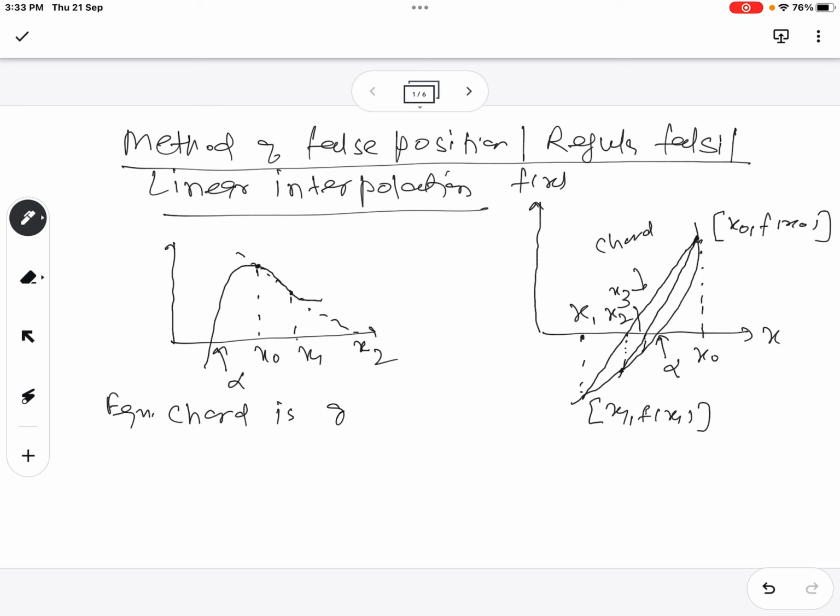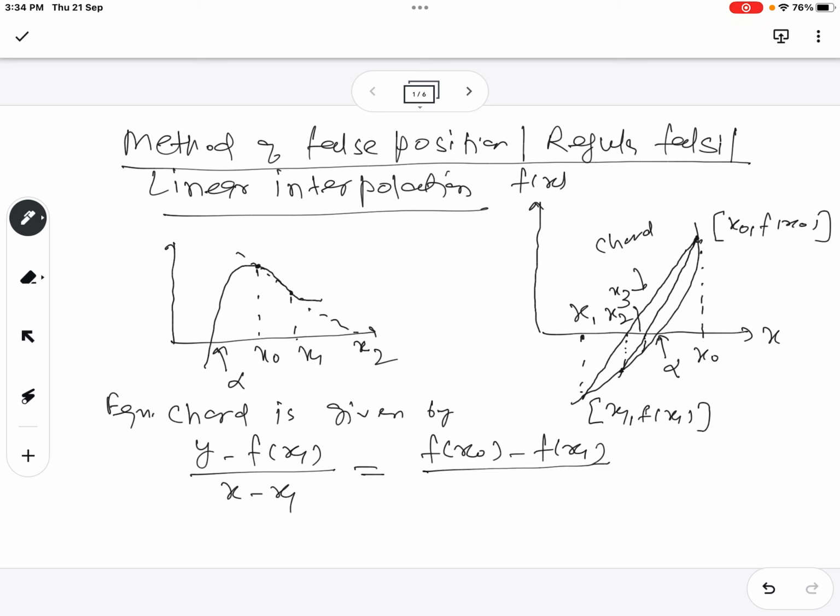Now the equation of the chord is given by (y minus f(x1)) divided by (x minus x1) equal to (f(x0) minus f(x1)) divided by (x0 minus x1).